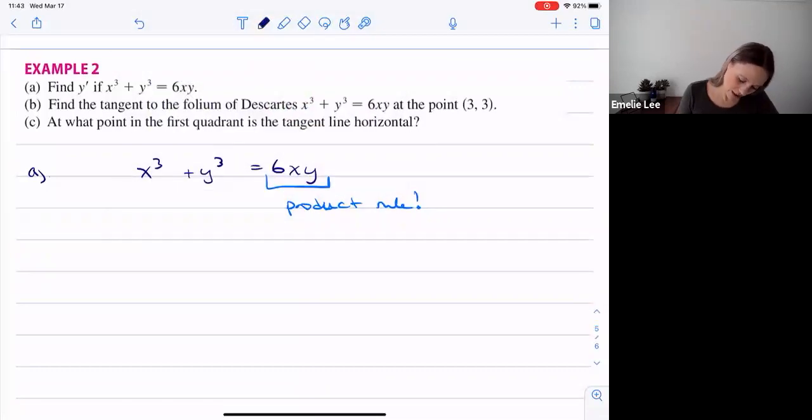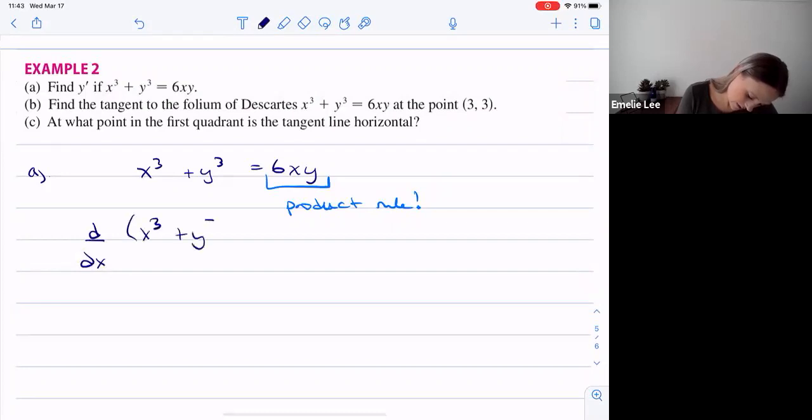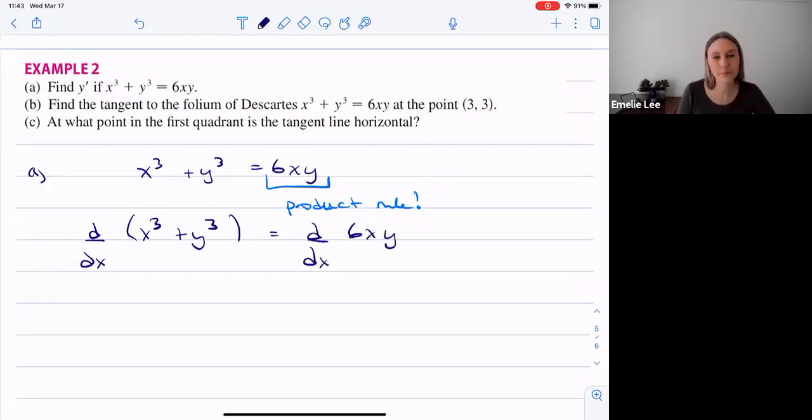Whatever you want. To indicate that I'm about to take the derivative, I'm going to wrap it up in d/dx's, but then I'll switch to y primes because it's cleaner. So d/dx of x to the 3 plus y to the 3 equals d/dx of 6xy.